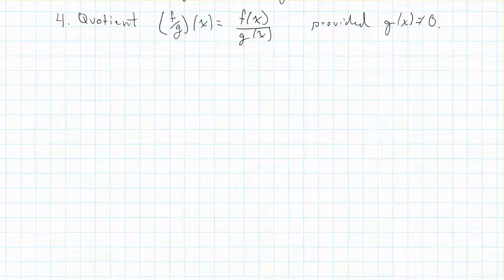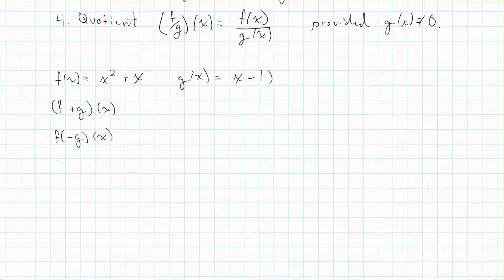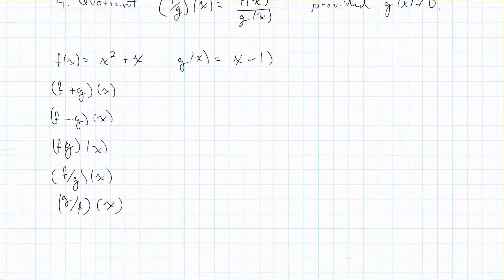If we have f at x equals x squared plus x, and g at x is equal to x minus 1, let's go ahead and find f plus g at x, f minus g at x, f times g at x, and then we'll actually do two here, f divided by g at x and g divided by f at x. So we're going to do all of these here.